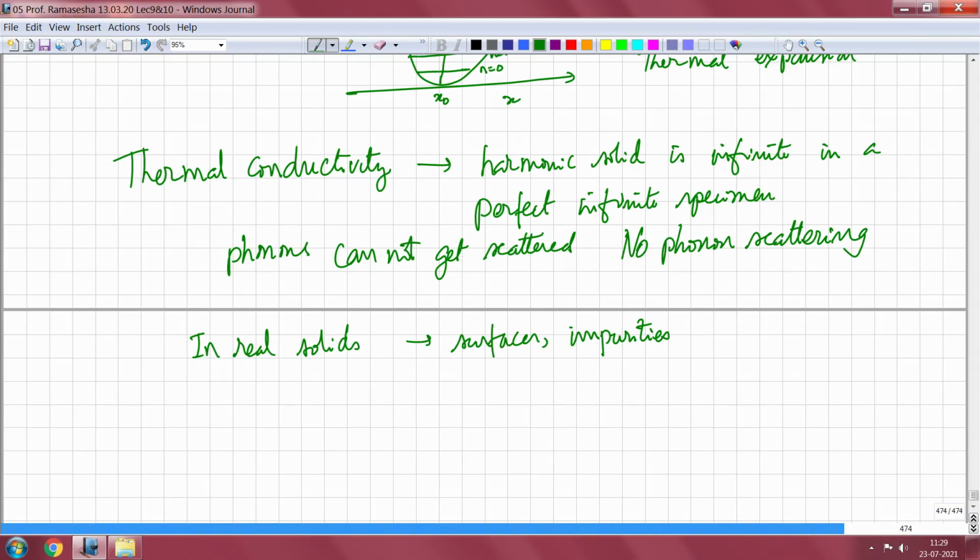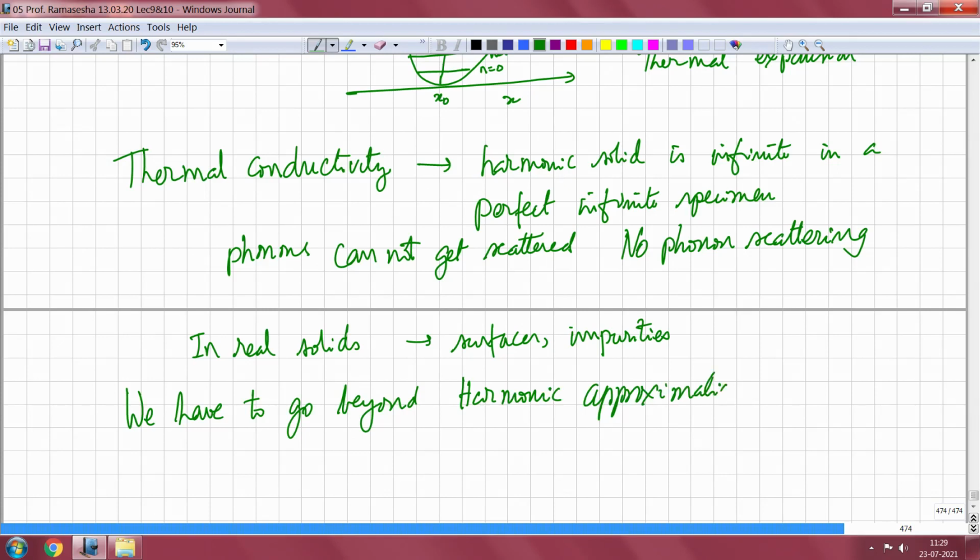So one has to go beyond the harmonic approximation if one wants to correct it. That is, we must have higher order terms like the cubic term, the quartic term, and so on. You will have to add these to the Hamiltonian or use real potentials instead of the harmonic potential, and then do a calculation of the vibrational modes.